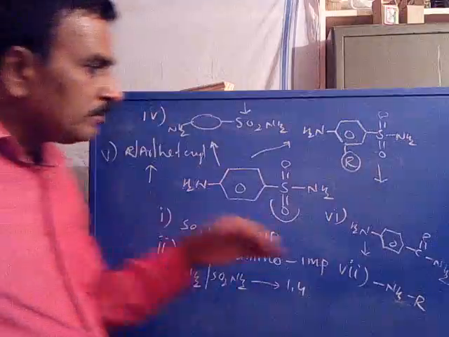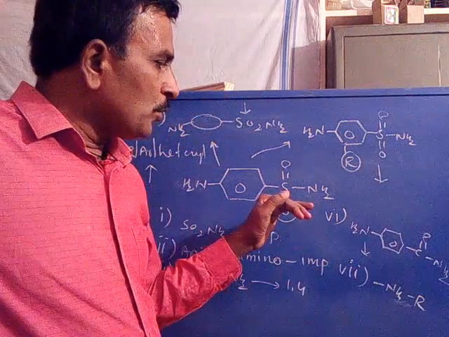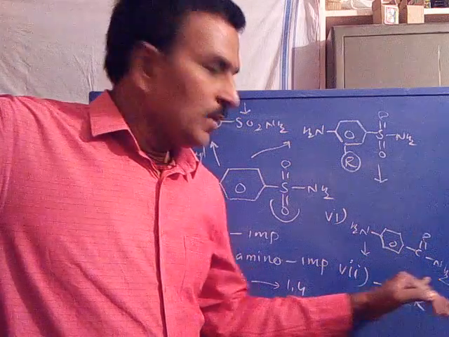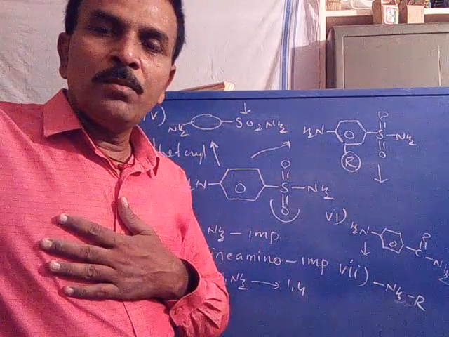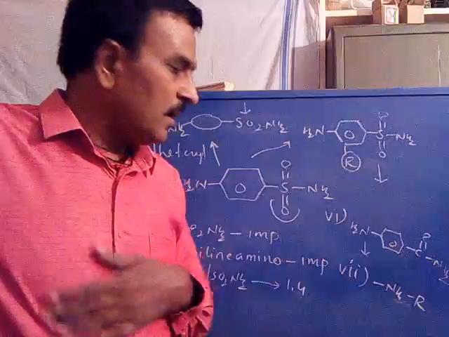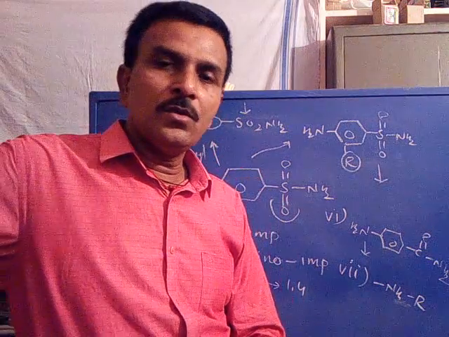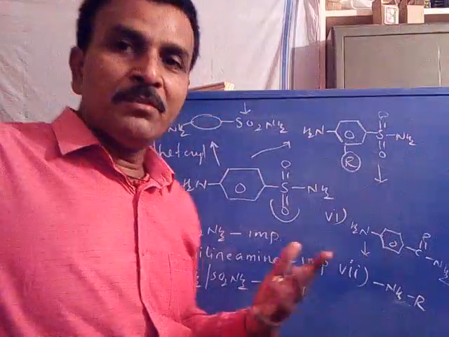Similarly, if we change the SO2 group by another similar group, say NH2-Ph-CONH2, it may decrease its activity or lose the activity. So we should not do this during its modification.